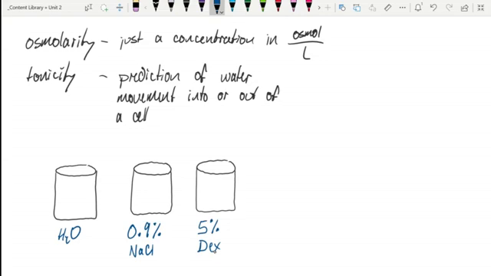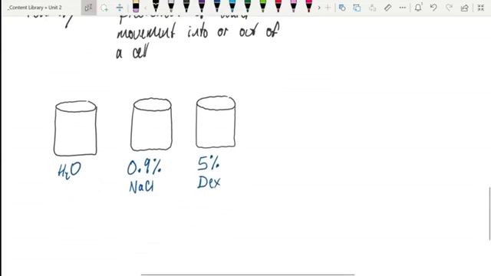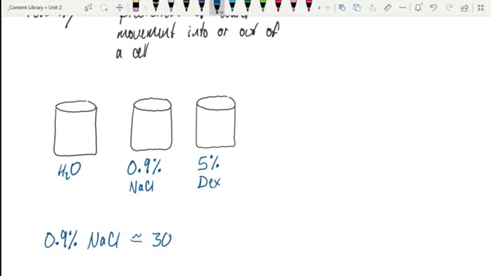All right, first let's compare osmolarity. Remember, osmolarity is just a concentration. It's in osmols per liter. Of course, percent, we need to change some units to convert that, but we can do that mathematically really quick. A couple of things to think about when we look at these values, and this will come into play in just a second. 0.9% sodium chloride is about 300 milliosmolar.